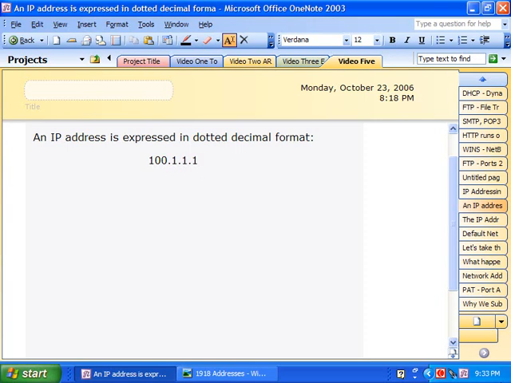Now, an IP address is expressed in dotted decimal format, as shown here on the whiteboard, 100.111. I mentioned in the MAC addressing chapter that you can express a MAC address in this kind of format, but it's really rare. You'll see a MAC address more with colons and dashes. In an IP address, this is the only option.